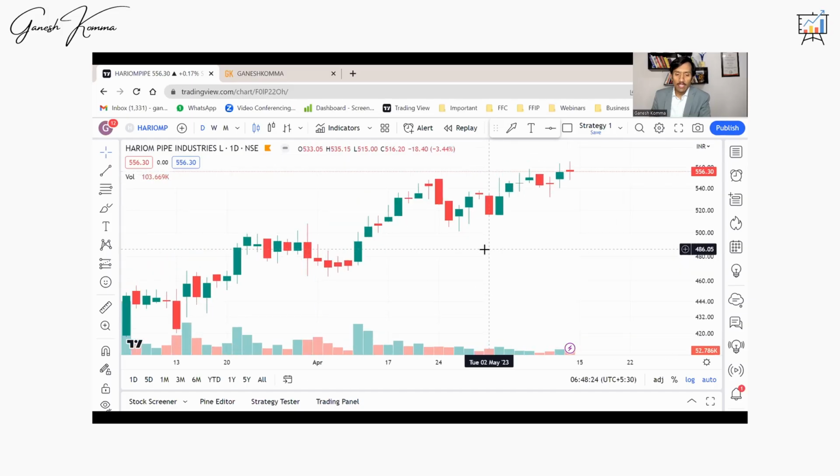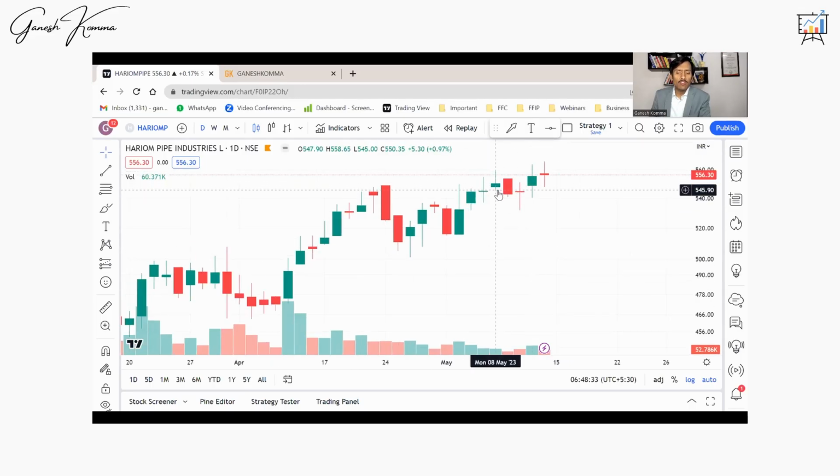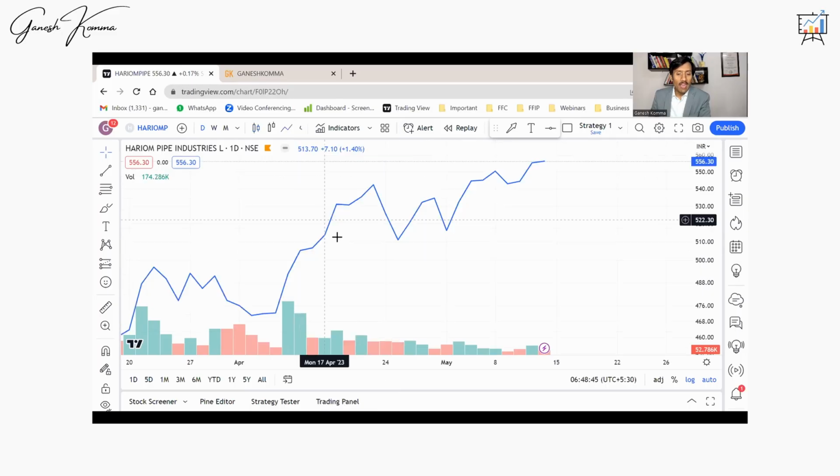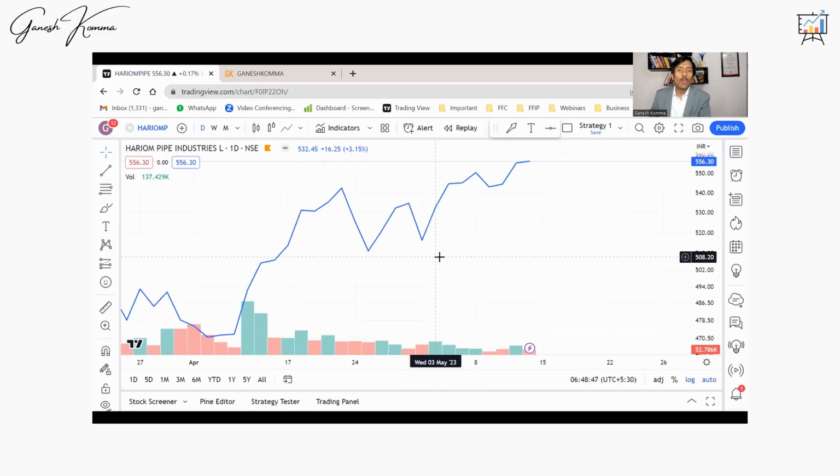As you see here, this candle has a very good body. Whereas if you see this candle, the body is very small and the wicks are longer, meaning the high price of the stock was not able to withstand. You get a lot of data. And when you go to the line chart, you just have the closing price.